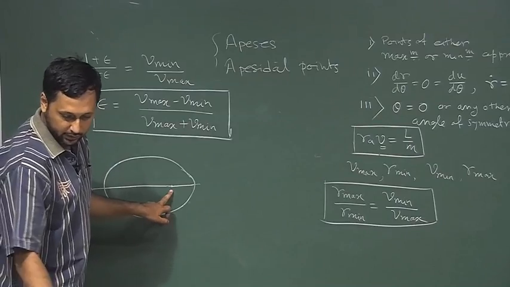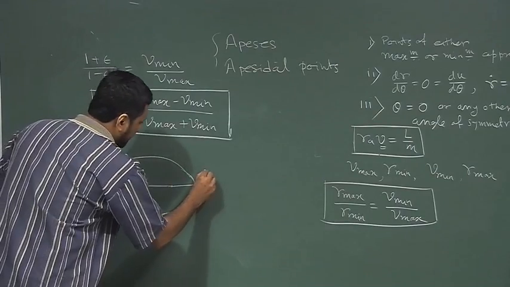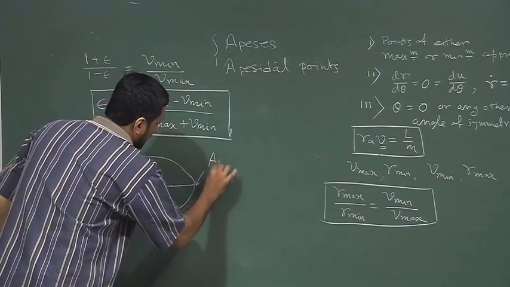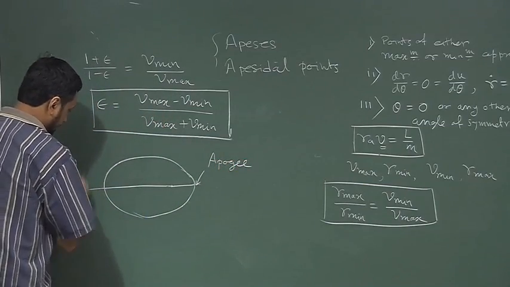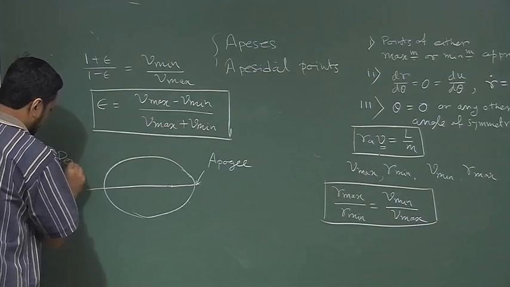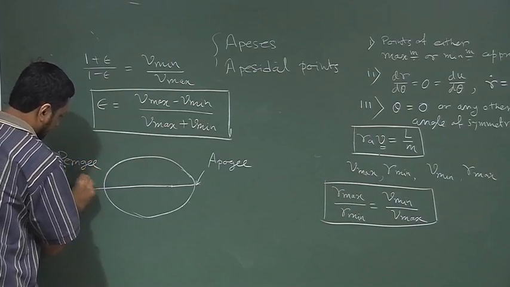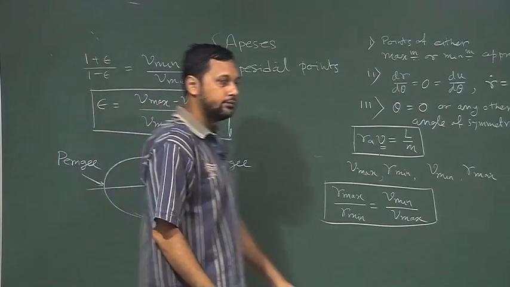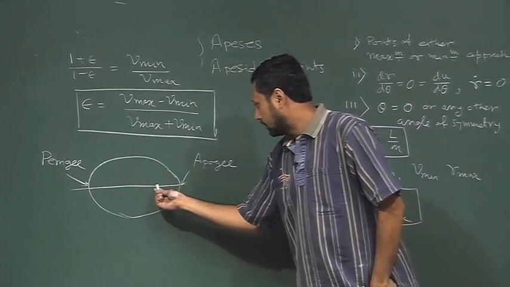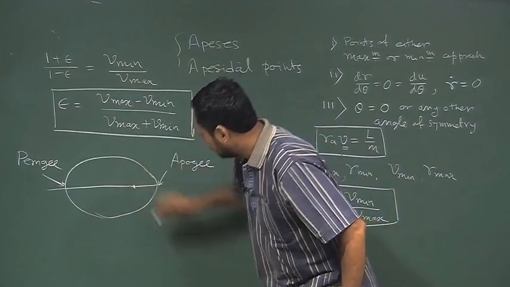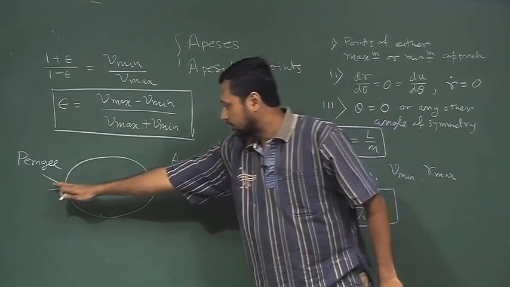This one is called apogee and this one is called perigee. This is the force center. So, minimum distance is this, maximum distance is that.